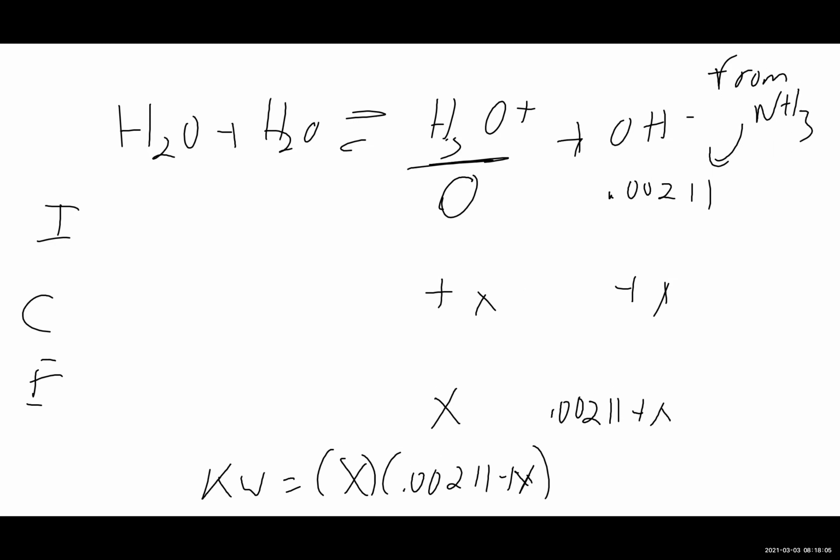Right. And if I do, here's a good place to make the assumption, right? If I assume x is small relative to 0.00211, this is just x times 0.00211 is 10 to the minus 14. If I do the math there, and I'll give you a second to catch up if you're writing it down, x is just 10 to the minus 14 divided by 2 times 10 to the minus 11.